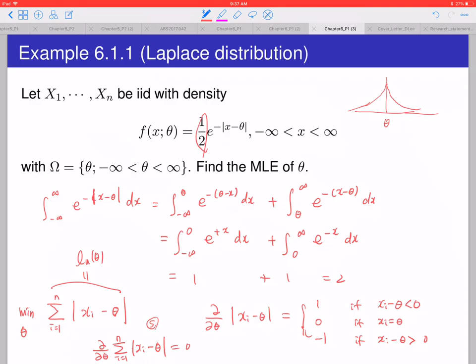So by choosing zeta hat to be the median of xi, half of your data are greater than the median and half are less than the median. So this sign function adds up to 0. So the MLE is the median of x1 to xn.